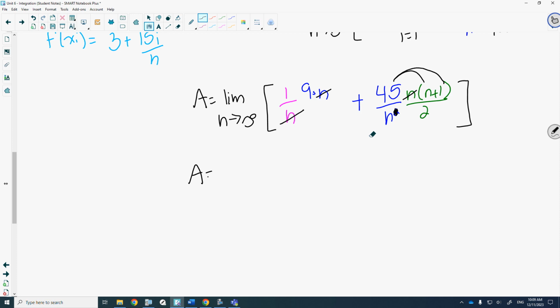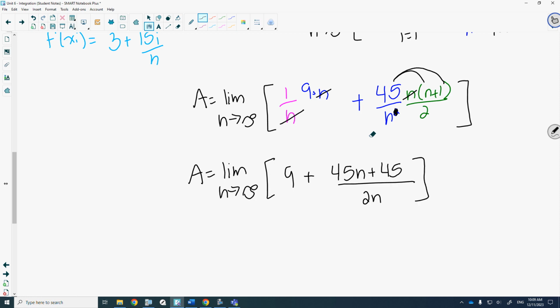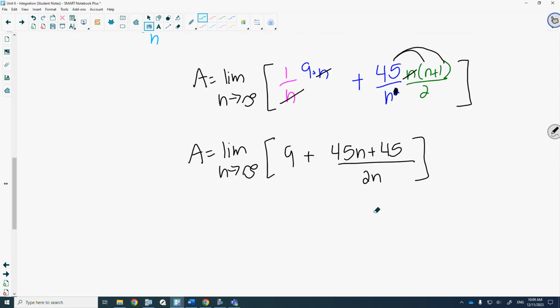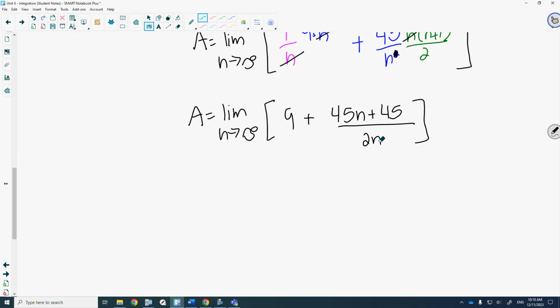So I'll have the area is equal to the limit as n approaches infinity of 9 plus 45n plus 45 all over 2n. Now what I'm going to do to this part is divide each term by the highest variable in my denominator, which is n.